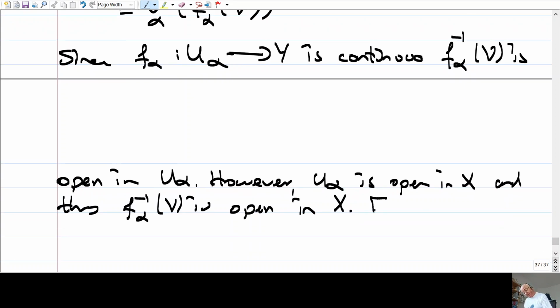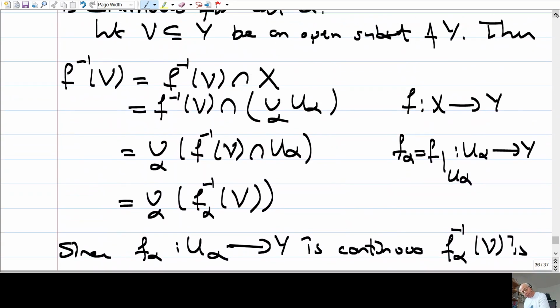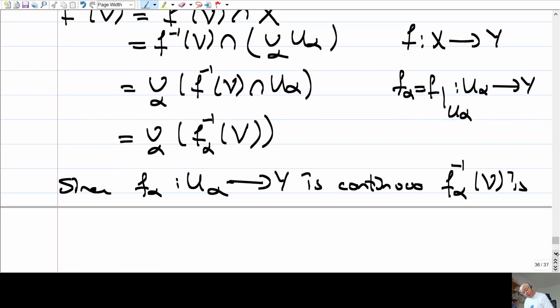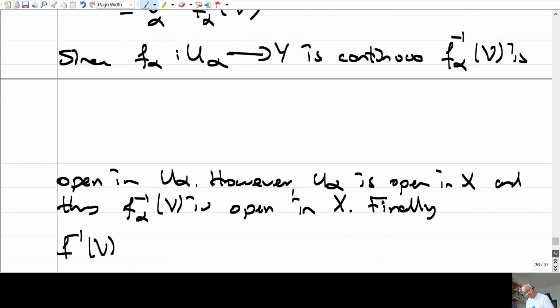So finally, f inverse of v, this thing, which is the union of these gadgets. And now I know that each of these is open in x. So this is a union of open subsets of x. Therefore, it is open in x.